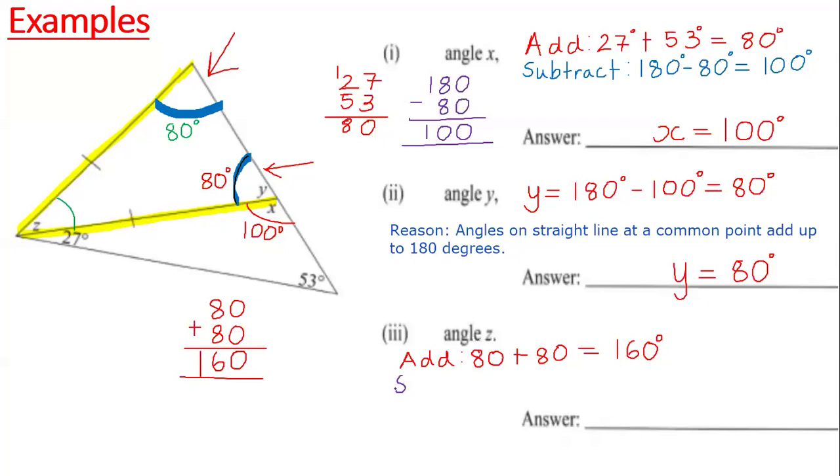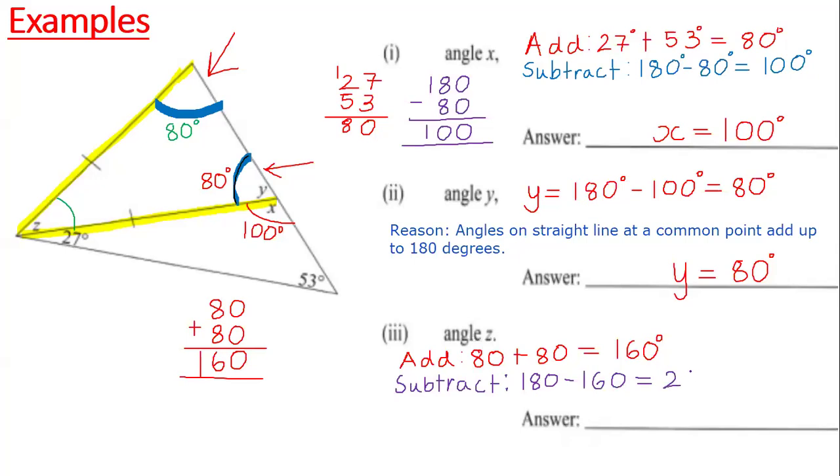So we have 180 minus 160 equals 20. What y'all got when you subtract? 20 degrees.